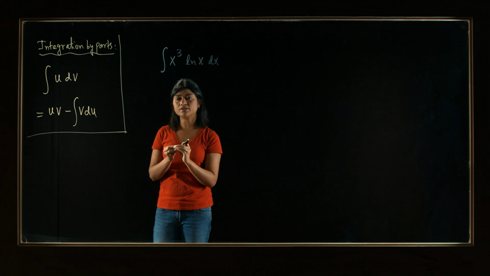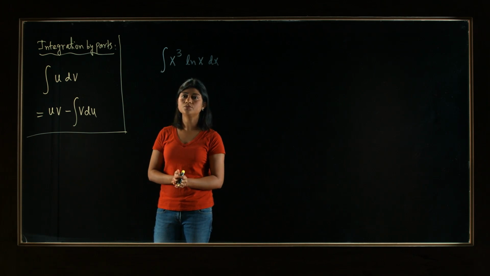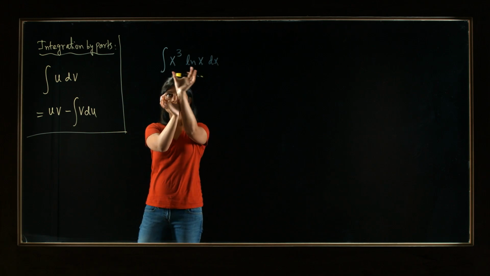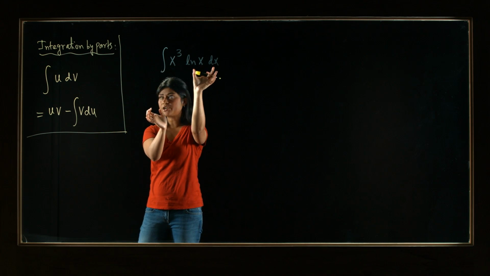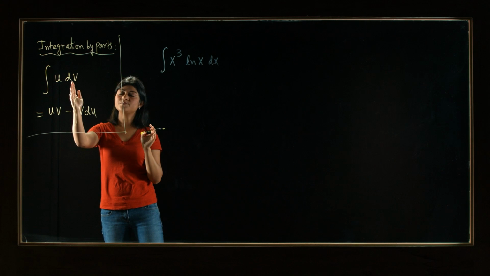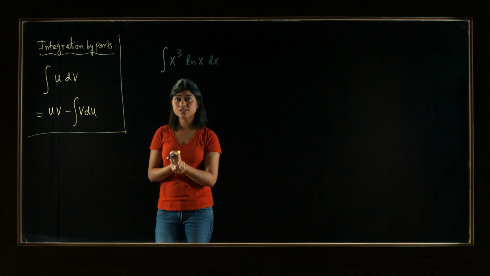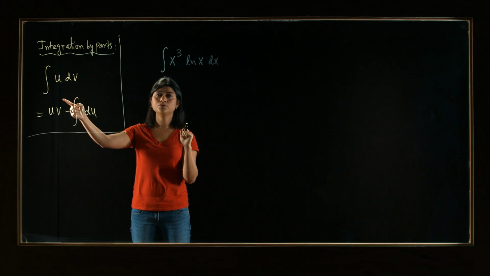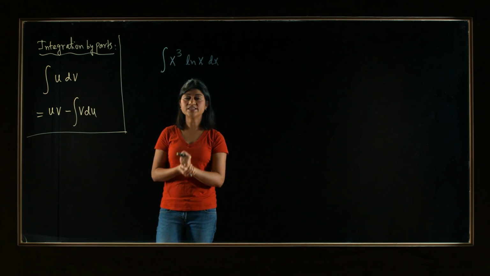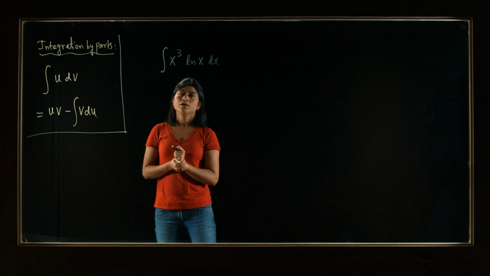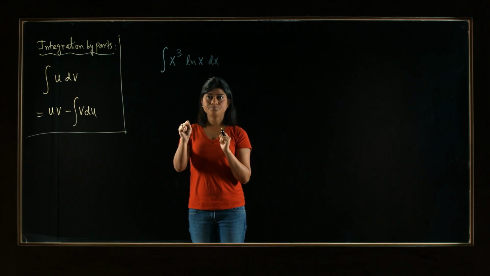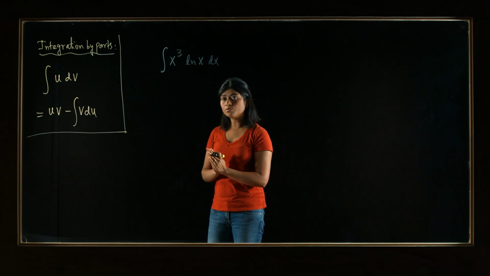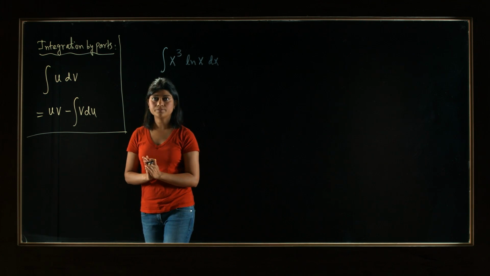So the very first thing, and probably the most important thing to do in the beginning, is to rewrite this entire expression in the form u times dv, which means you will have to make a choice which of these two functions will be u and which one will be dv. That's the most important thing. So think about it first. How will you choose u and dv? There is no hard and fast rule. You just have to use your intuition.